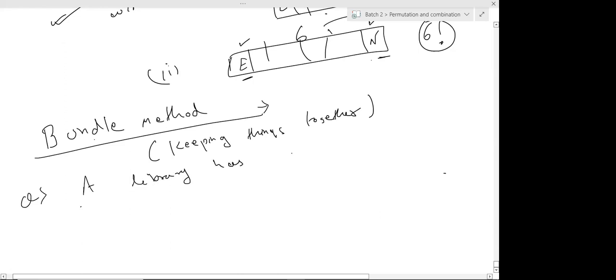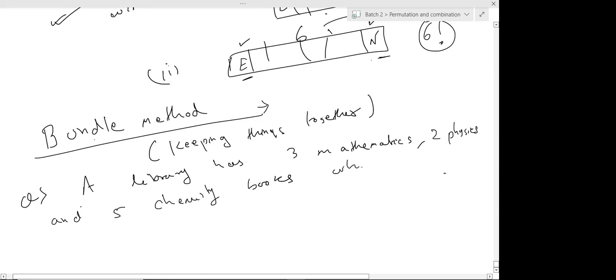A library has 3 mathematics, 2 physics, and 5 chemistry books, which are to be arranged on a shelf.